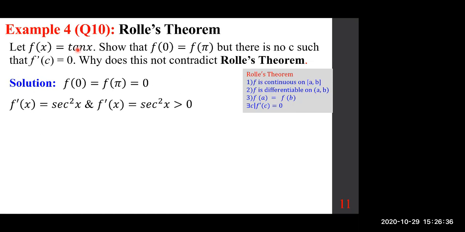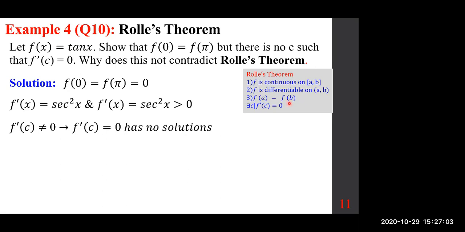And basically the range excludes the numbers between -1 and 1. And so secant squared of x is larger than 0. Okay. So f prime of c can't be 0. Okay. And there is no solution. So the Rolle's theorem doesn't apply.